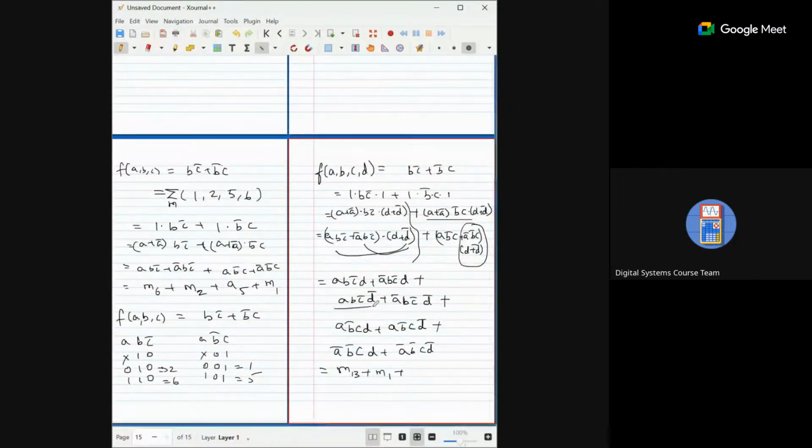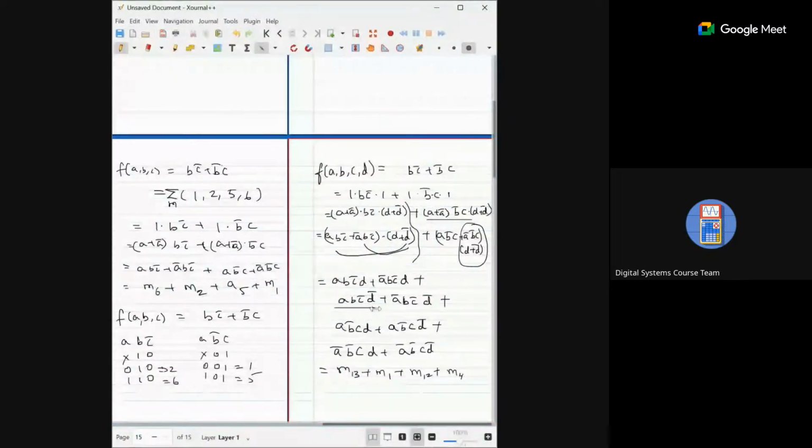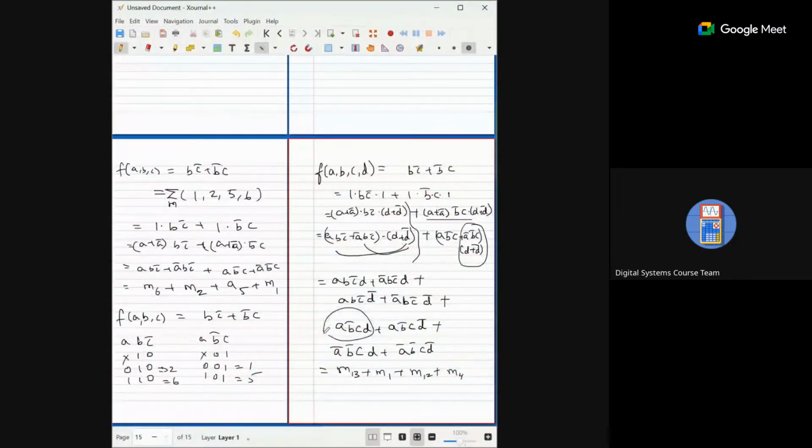M1 and this one gives M12, plus this one gives M4, and this one is 8, 10, 11, M11, and this one is M10 plus M3 plus M2.